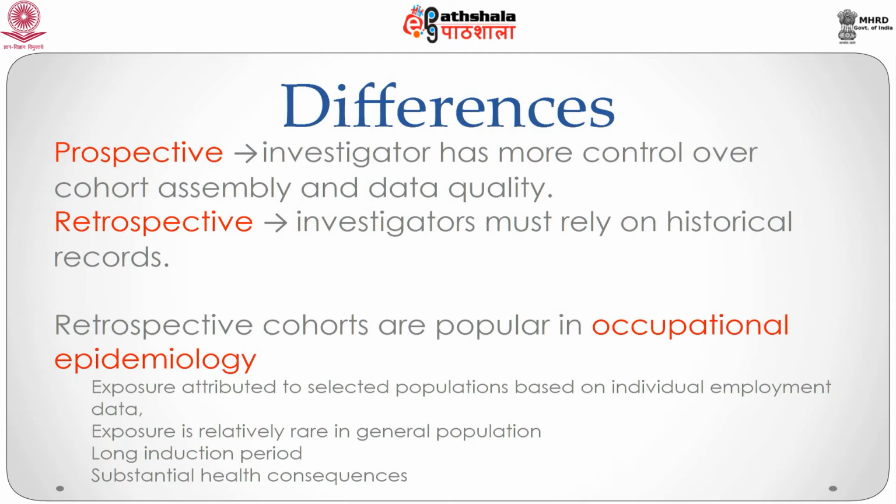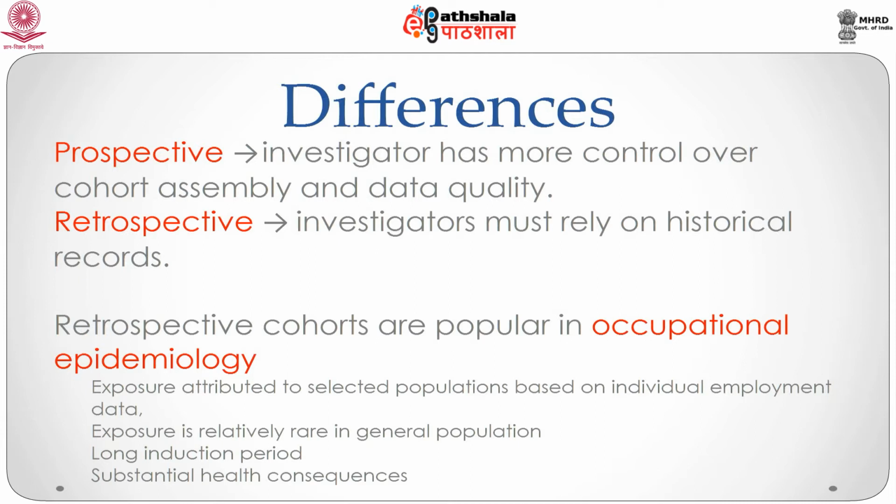assembly and data quality, as each of these is the responsibility of the investigator and he has physical access to his cohort. For a retrospective study, the investigator does not have so much control because he has to rely solely on the quality of information in historical records.